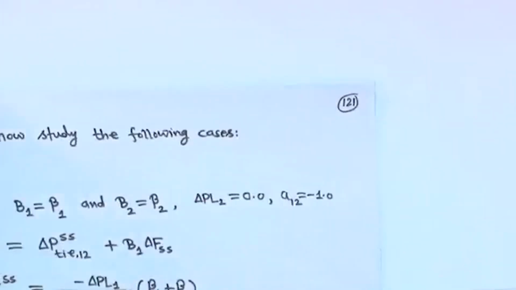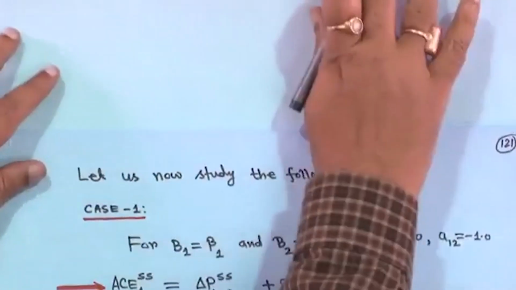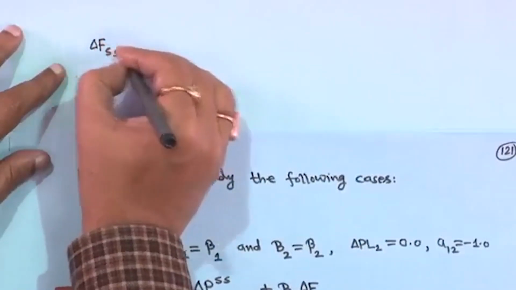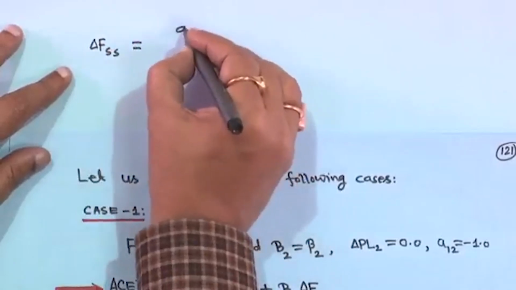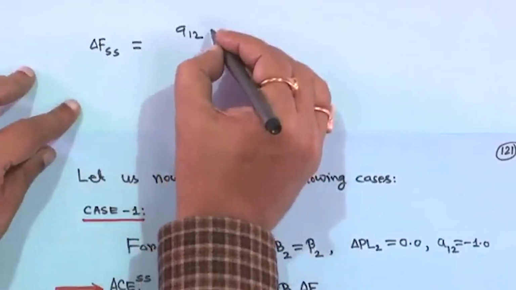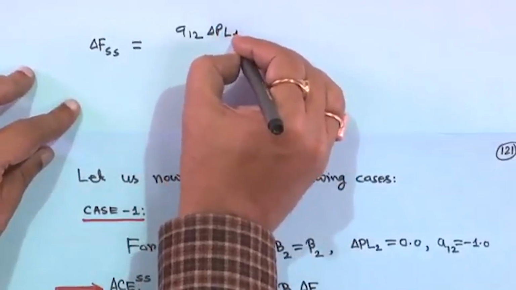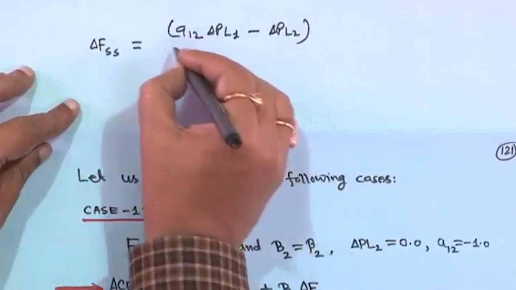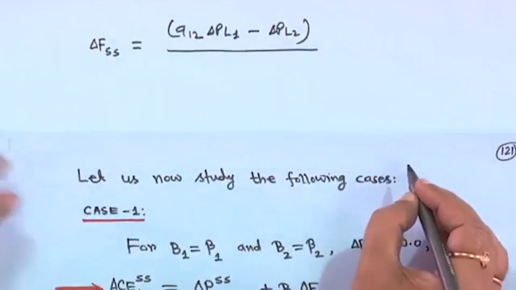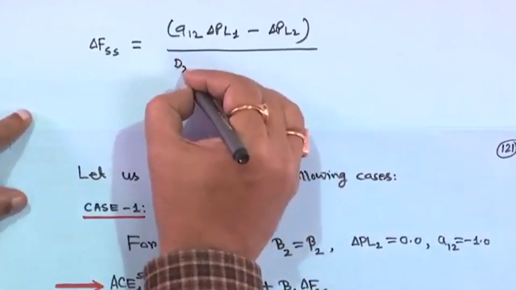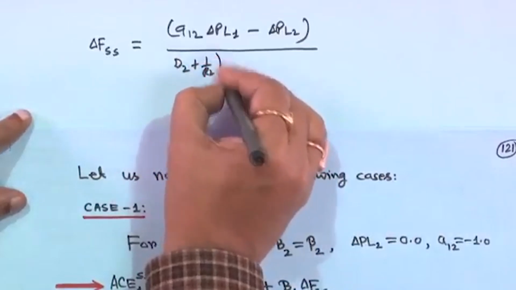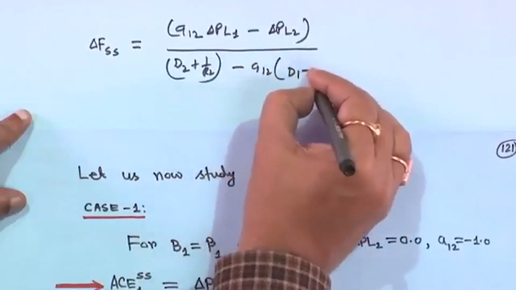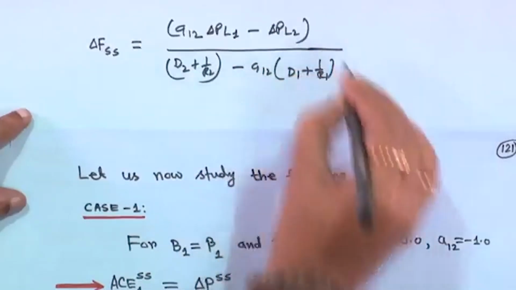So what you will get actually, we know this expression delta FSS is equal to A12 delta PL1 minus this one, right, divided by D2 plus 1 upon R2 minus A12 D1 plus 1 upon R1, right.